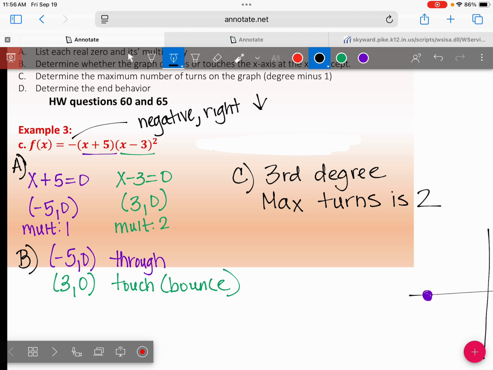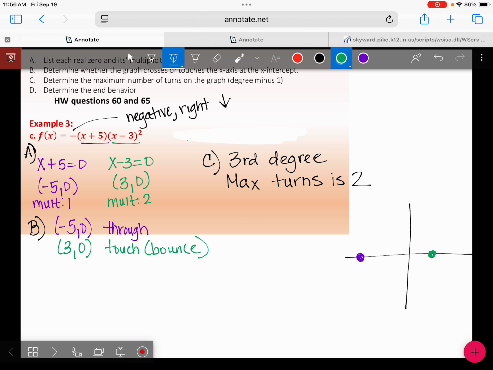So I'm just going to, off that green, which is my right point, put a down arrow. And because it's a third degree, it's going to do the opposite coming off of that negative 5. So for this one, am I going to go through the graph or am I going to touch it and make a U-turn? What's going to happen at the -5?